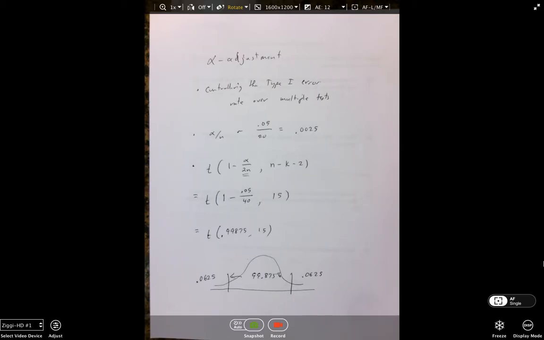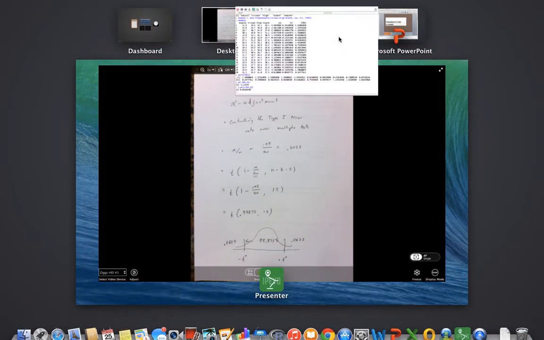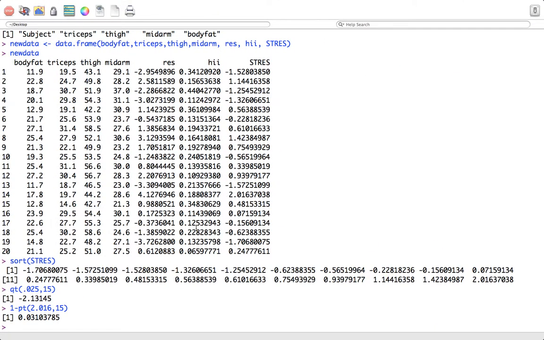So what we need to do is create our critical values here. Let's do that. This is using the Bonferroni correction that you see quite a bit presented for this process.